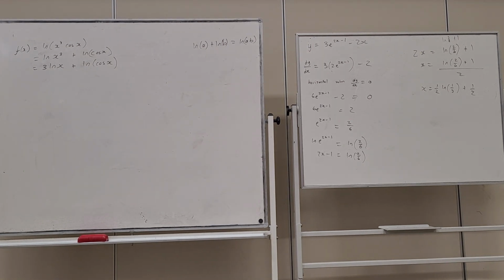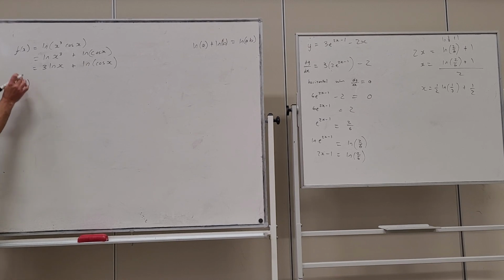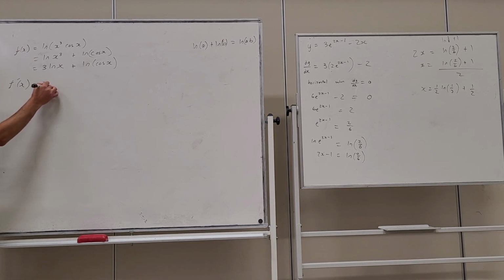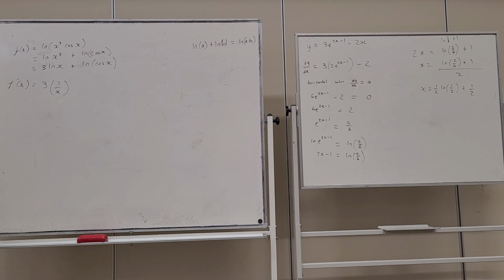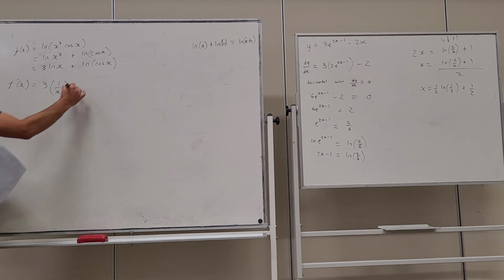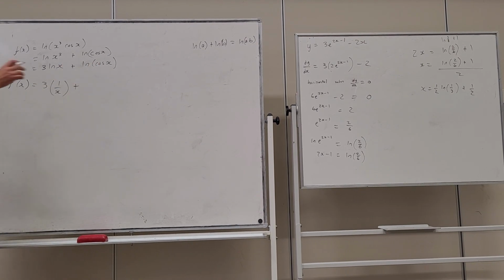Okay, we're ready to differentiate. Make sure you're clear, f of x, f dash of x. 3 is just going to hang out. Derivative of ln x is 1 on x. Here it's not ln times cos x.